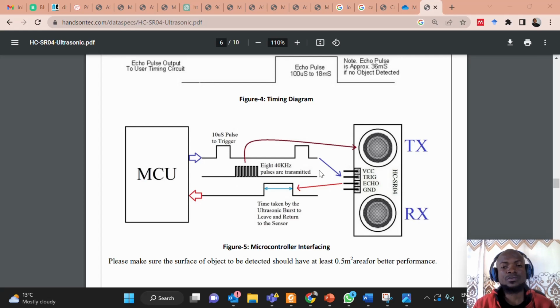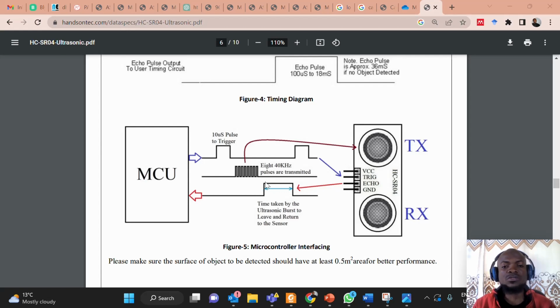sound wave is gone. When the sound wave hits an obstacle, then it is reflected back. By the time the sound wave is reflected back and gets to this echo transducer, then automatically the echo pin goes low immediately. So the time of travel of the sound wave from this sensor to the obstacle will determine the duration of the echo pulse.